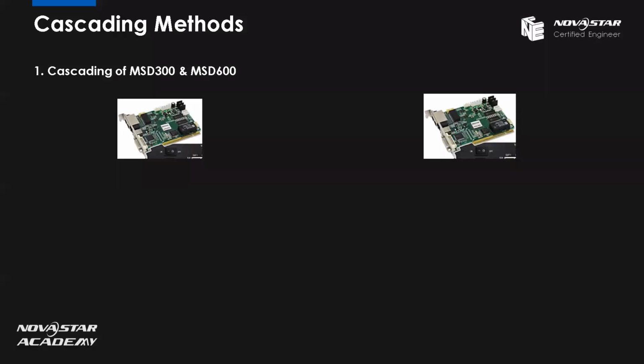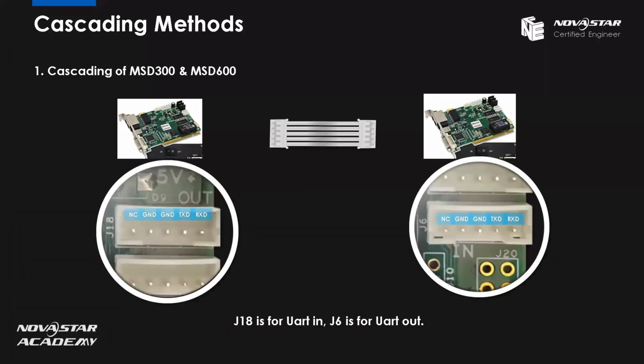The first way is when we are using the controllers named MSD300 and MSD600, so the cascading will be a little bit different. If you have these 2 cards as a controller, we are using this cable. This is a 5-pin flat cable. This 5-pin flat cable connects the J18 and J6 on the card to do the cascading.